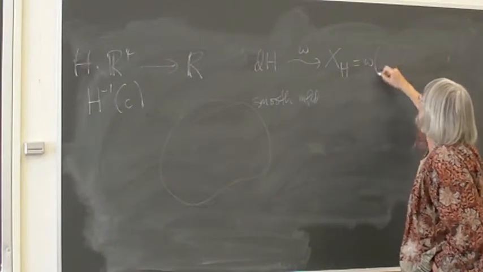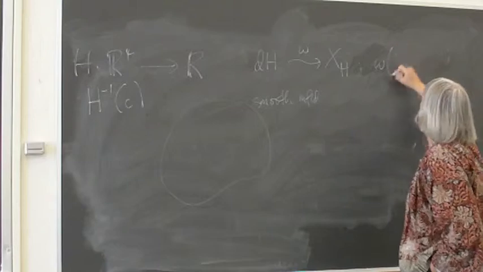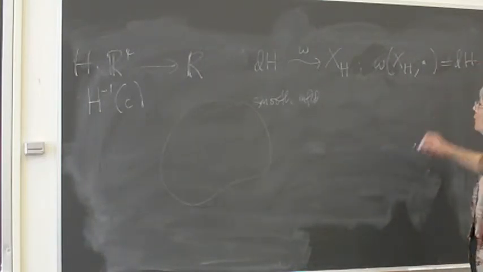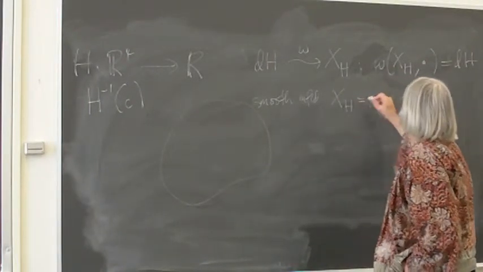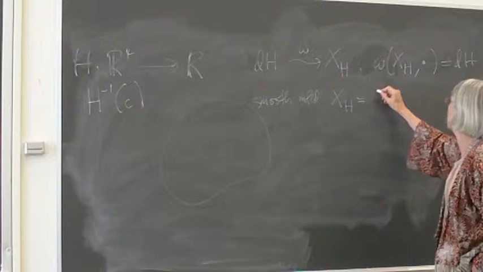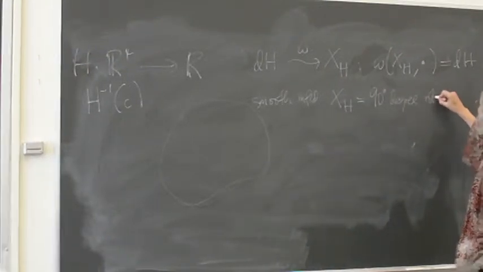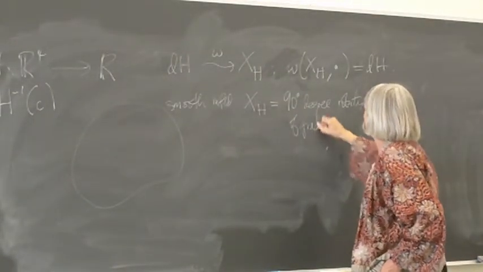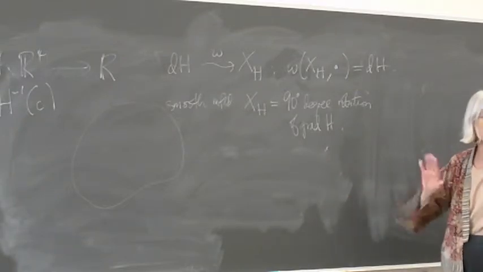So that's omega. This has the property that omega, if you put xh in at the first place, gives you dh. And what it is, in this particular case, xh is just a 90-degree rotation of the usual gradient. So if you have a function on R4, it's got the usual gradient vector, and then you just rotate it.